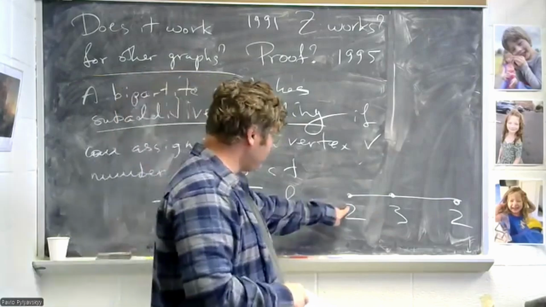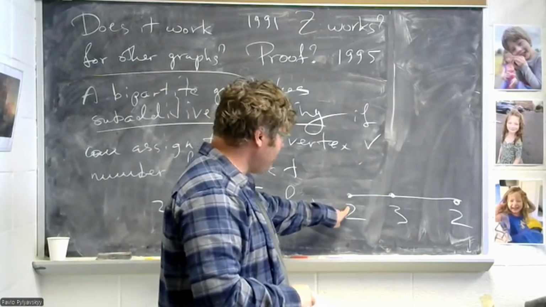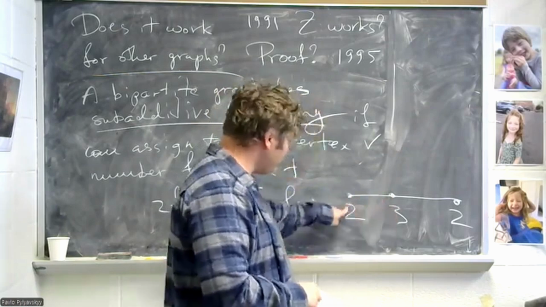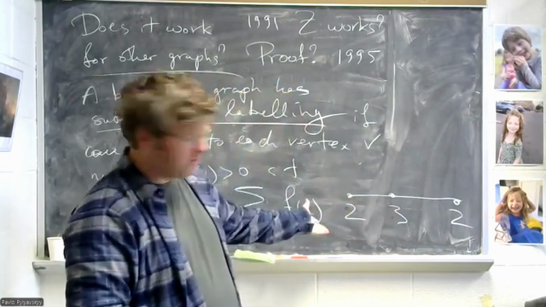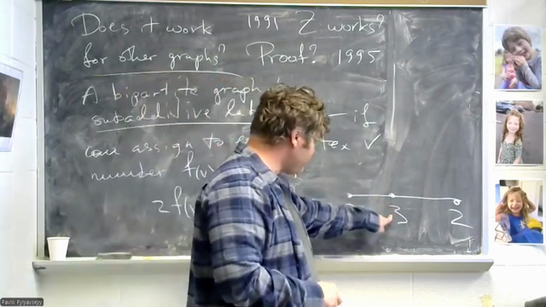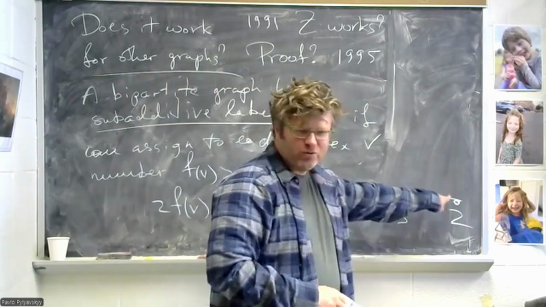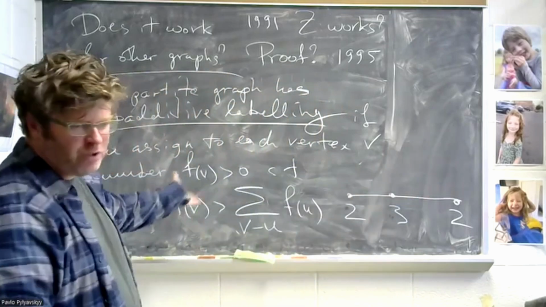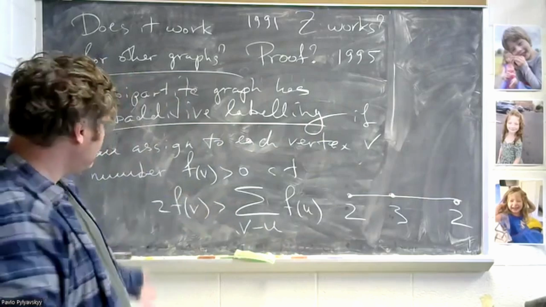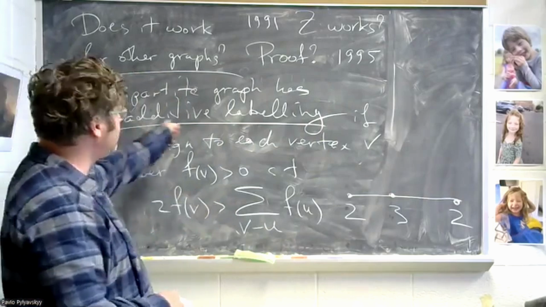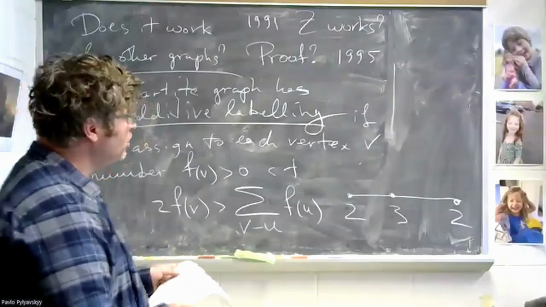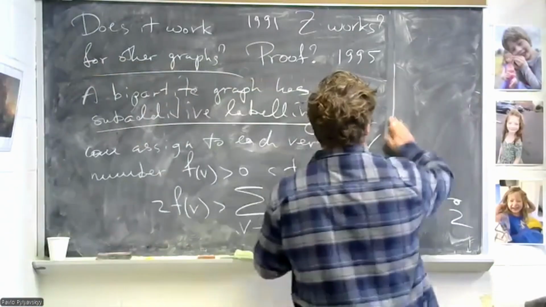Twice this number should be bigger than the sum of all neighbors. Sum of all neighbors is 3, twice this number is 4. Correct. Twice this number, 6, bigger than 2 plus 2. Correct. That's the condition. For each vertex, this must be true. If this is true, such labeling is called subadditive labeling. So it exists for this graph.